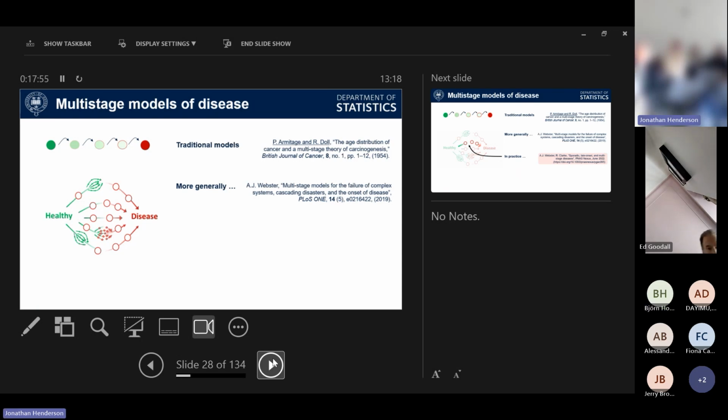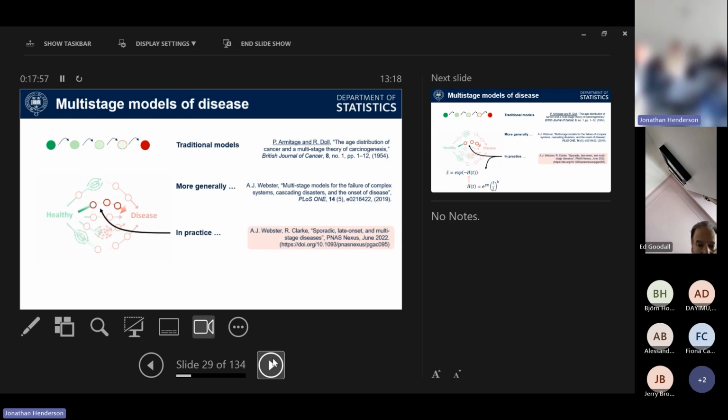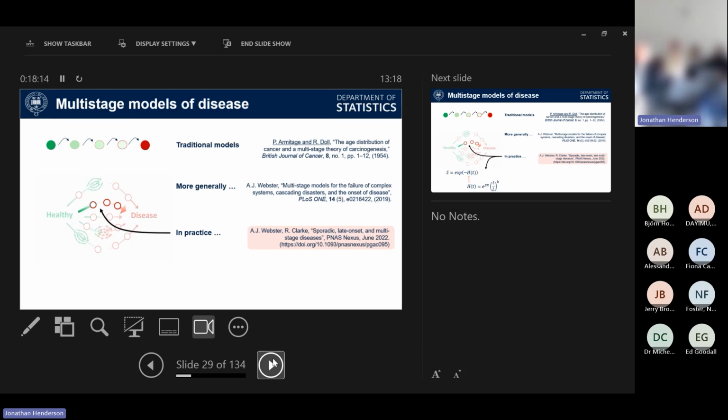However, that's all very nice, but in practice, there will typically be one pathway by which the disease occurs more rapidly than the others, and that will dominate your observational data.